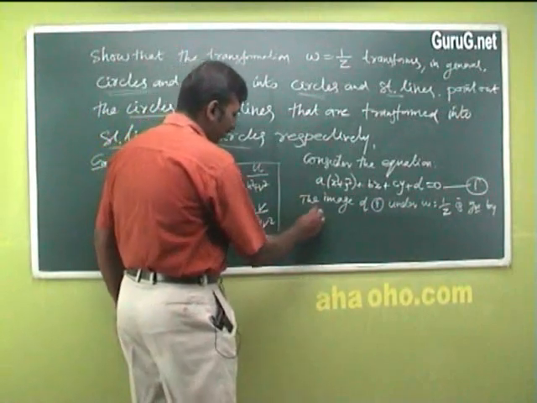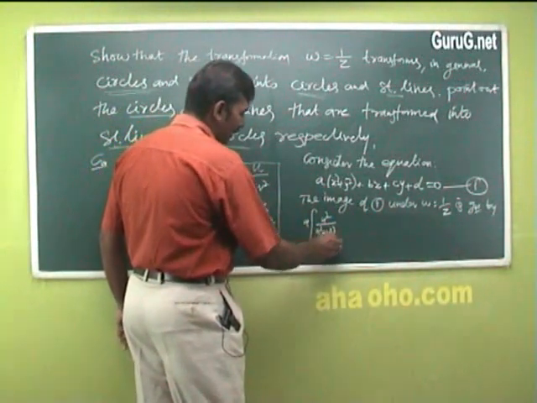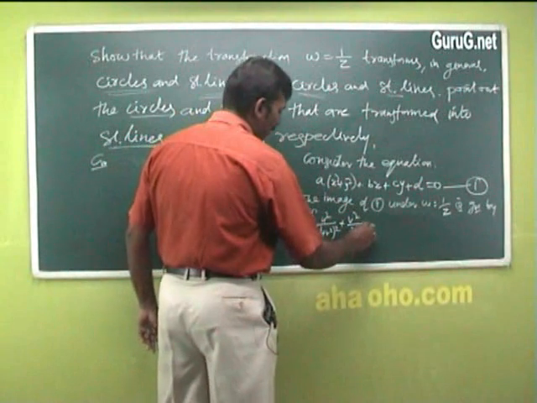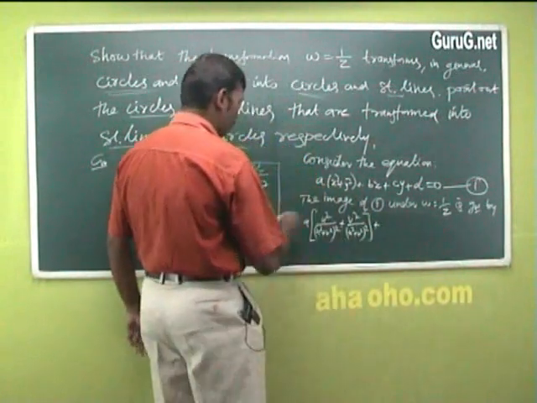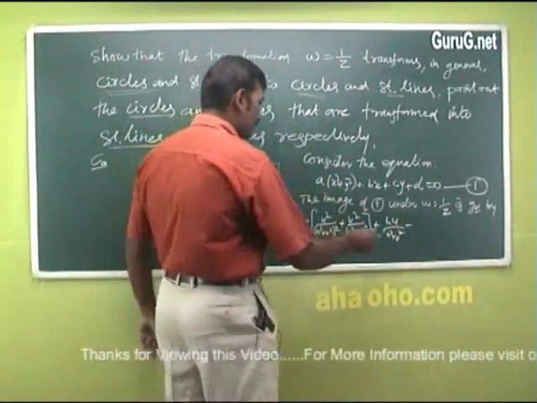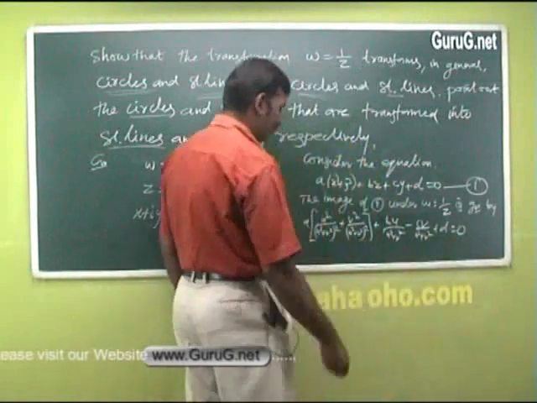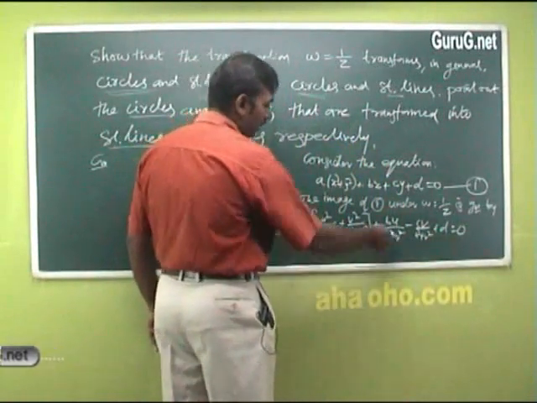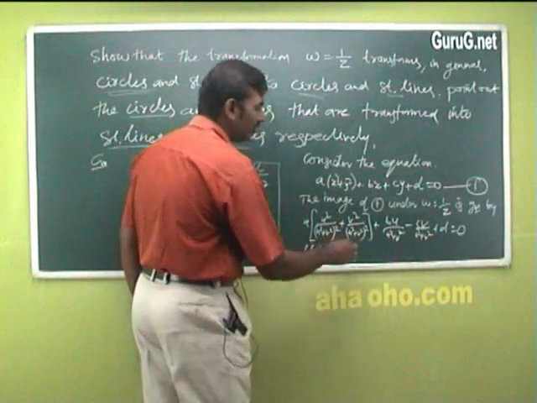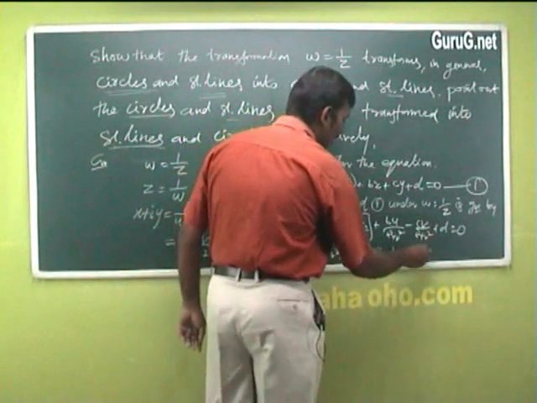So you may get A into U squared by U squared plus V squared the whole square plus V squared by U squared plus V squared the whole square, plus B into U by U squared plus V squared minus C into V by U squared plus V squared plus D equal to 0. Then take LCM U squared plus V squared, and you may get D into U squared plus V squared plus Bu minus Cv plus A equal to 0.